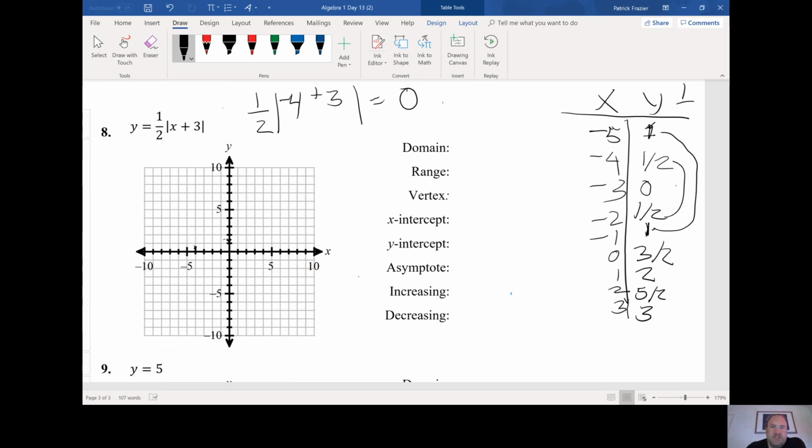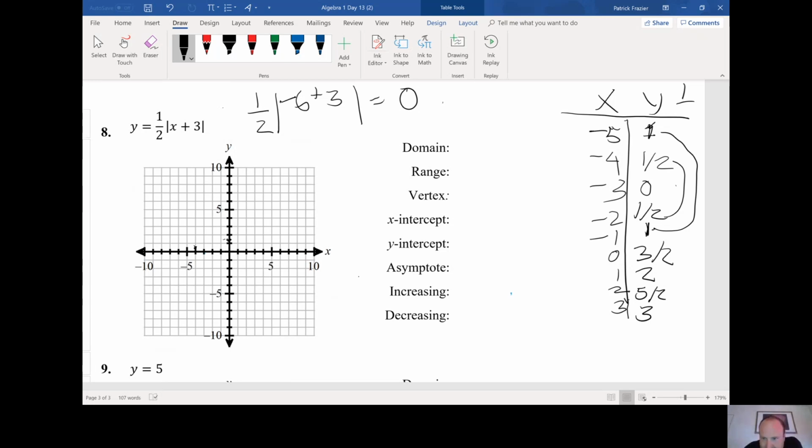So even if that's not on our table, negative 6 plus 3 is negative 3, absolute value of negative 3 is just positive 3. 3 times 1/2 is 3/2. So yeah, that would make sense.